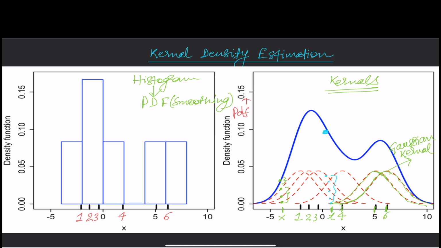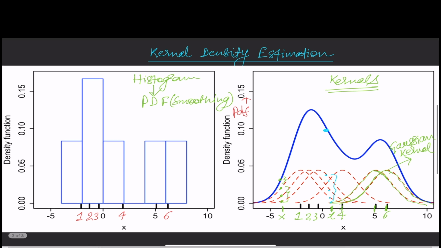So my total height will be this height plus this height plus this height plus this height plus this height, which finally is my height here.